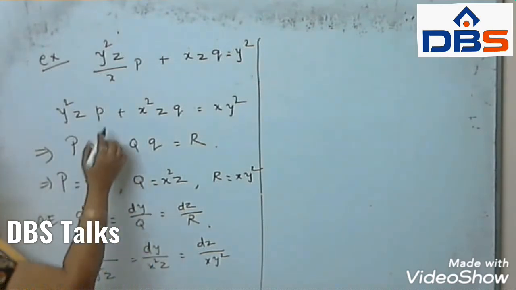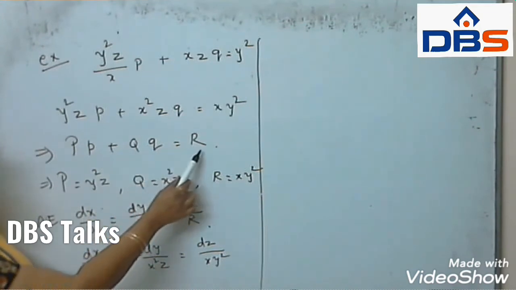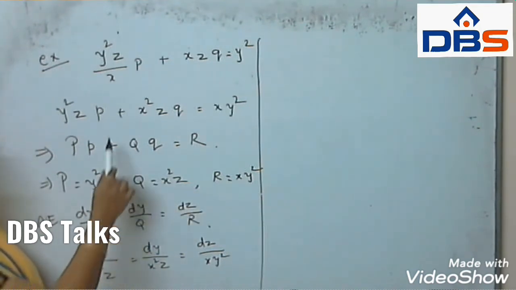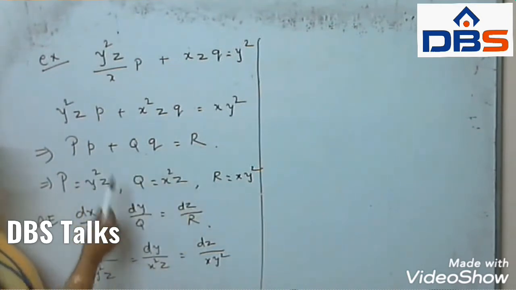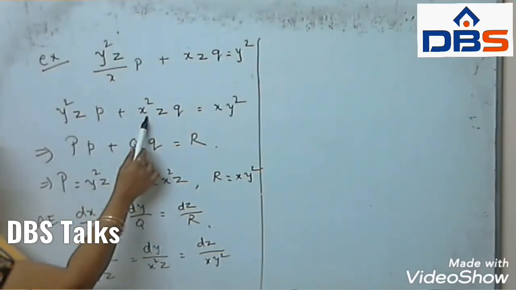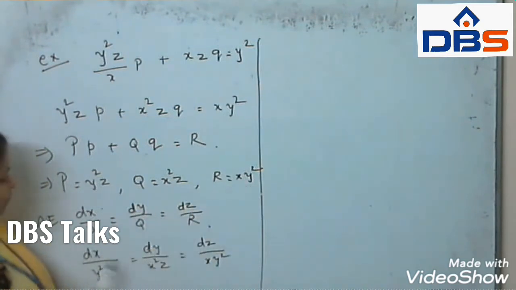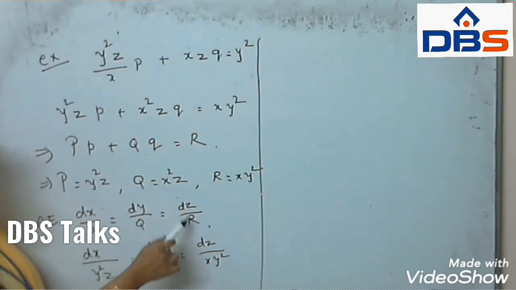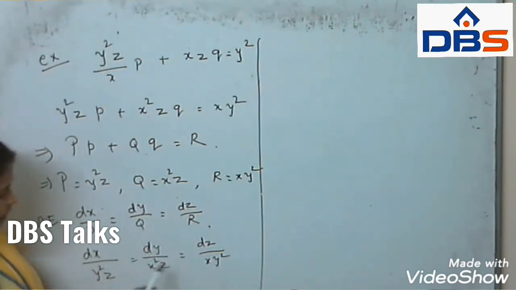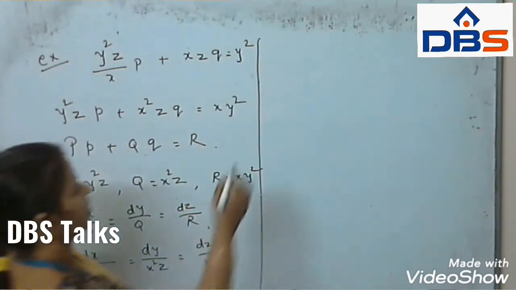First, you have to change the given equation into the form Pp plus Qq equal to R. From that, what is the P value? y square z. Q value, x square z. R value is xy square. Then write the auxiliary equations: dx by P equal to dy by Q equal to dz by R. Now solving these equations, we get the solution.